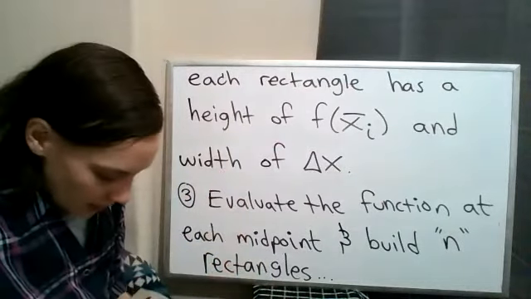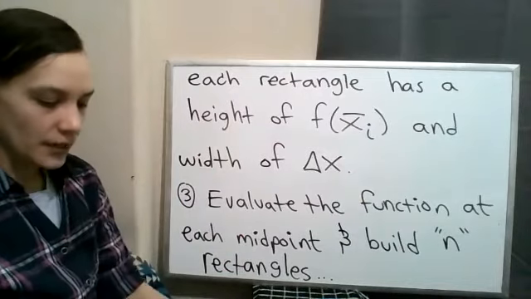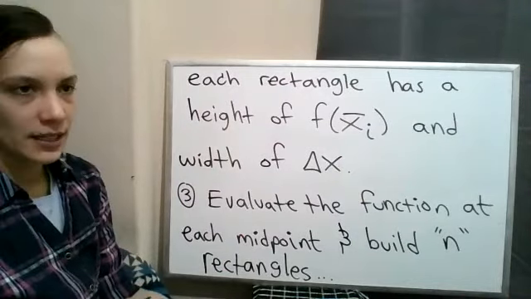All right, after that, approximate the area under the curve by adding the area of each rectangle together.